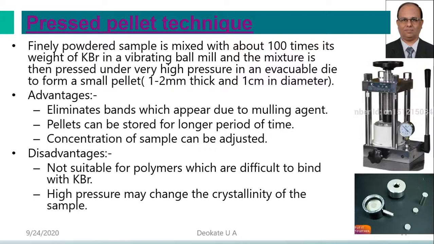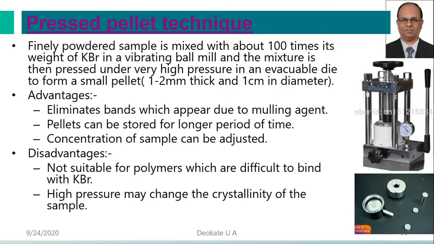The advantages: it eliminates bands which appear due to the mulling agents, because Nujol itself has certain absorption abilities, so it may produce absorption, which can be avoided. The pellets can be stored and reused whenever required, so they can be used as a reference material; they can be stored for a longer period of time. The concentration of the sample can be adjusted within these millimeter pellets.